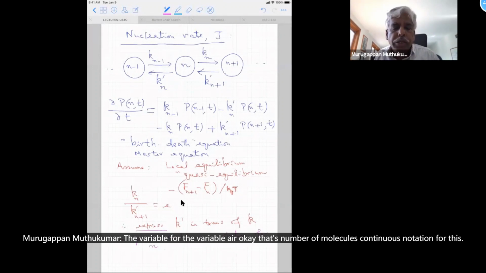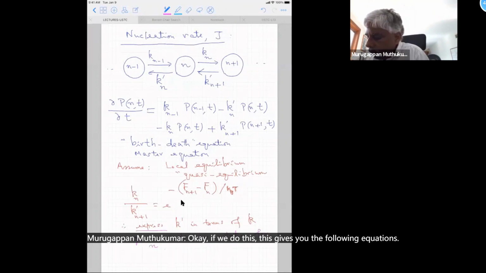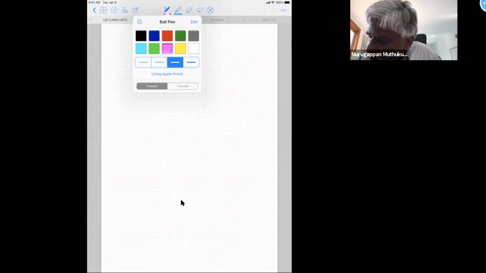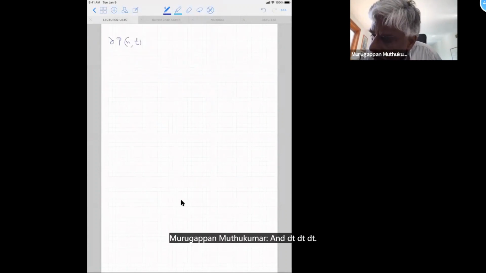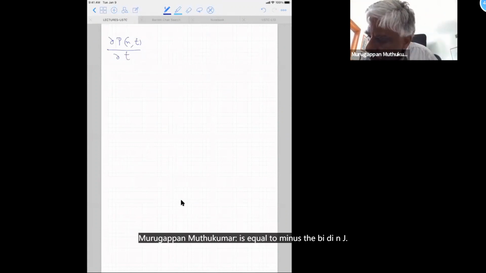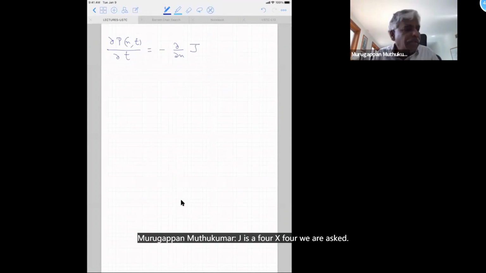If you do this, this gives you the following equation: dP n by dt is equal to minus d by dn of J. J is a flux.